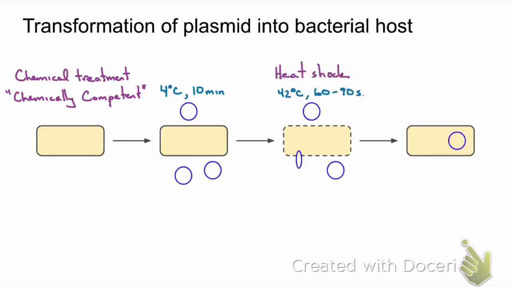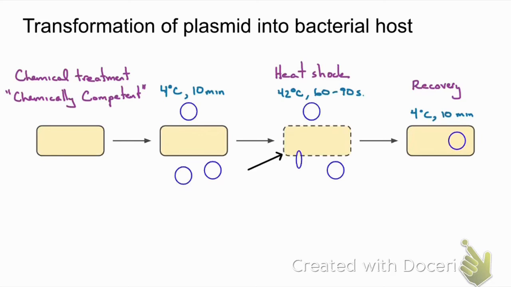Afterward, the temperature is increased to heat shock these cells, and that heat shock is going to open up the pores in the bacterial membrane to allow for DNA to diffuse into the cell. These cells then are rapidly chilled back on ice to close up those pores and to basically lock the plasmid inside the cell.